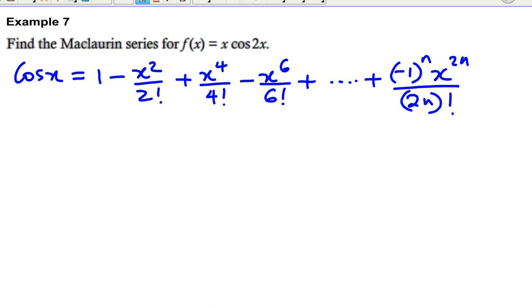Remember this is n equals 0, n equals 1, n equals 2, n equals 3. You can just use that pattern: the powers of x are even powers, and the factorials are even numbers starting from 0 factorial. This goes up to infinity.